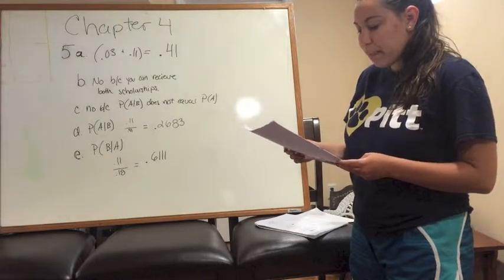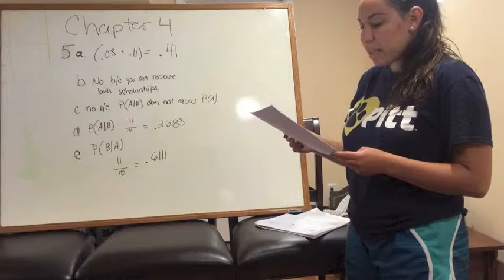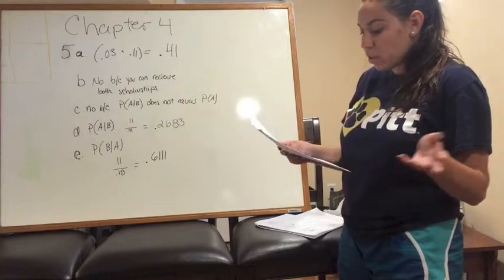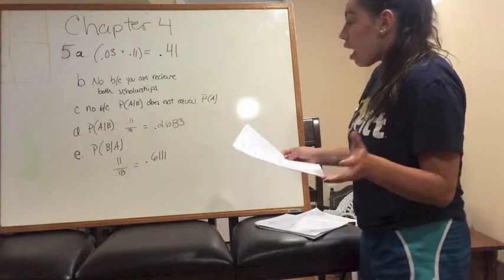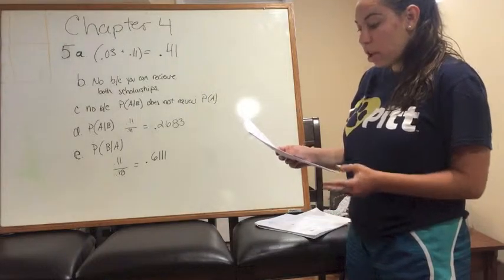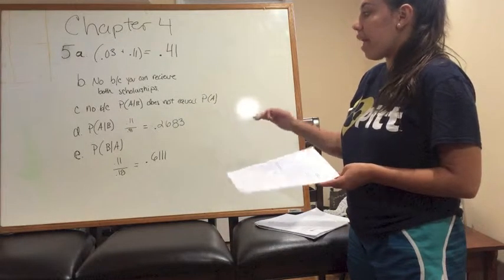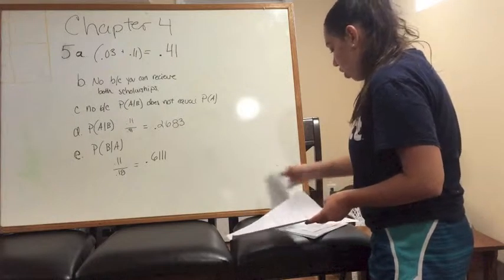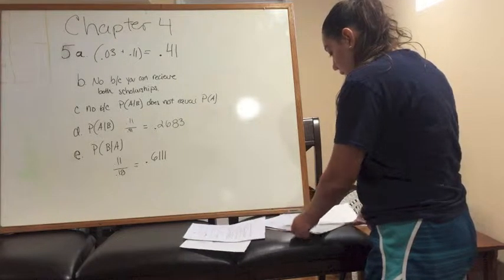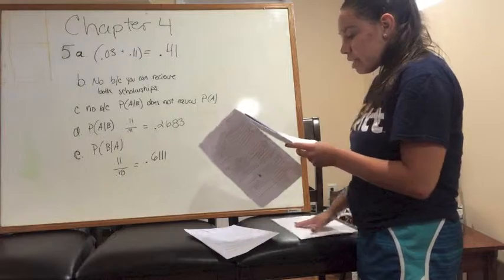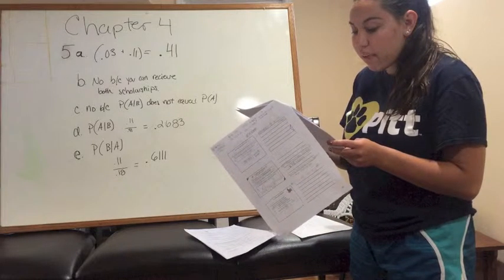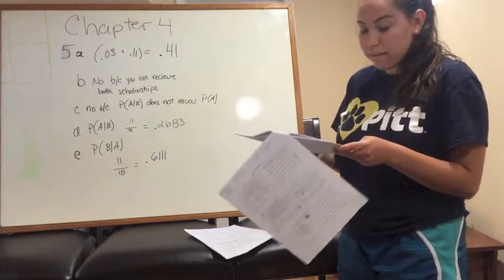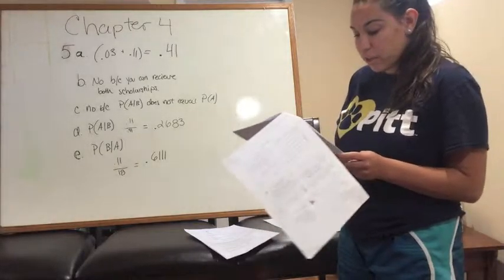For part C, it asks, are the 2 events A and M independent? Explain using the probabilities. For this one, the answer is no again because the probability of A given B does not equal the probability of A. In our notes, the definition of independent events says that the probability of event A is not changed by the existence of event B, and vice versa.